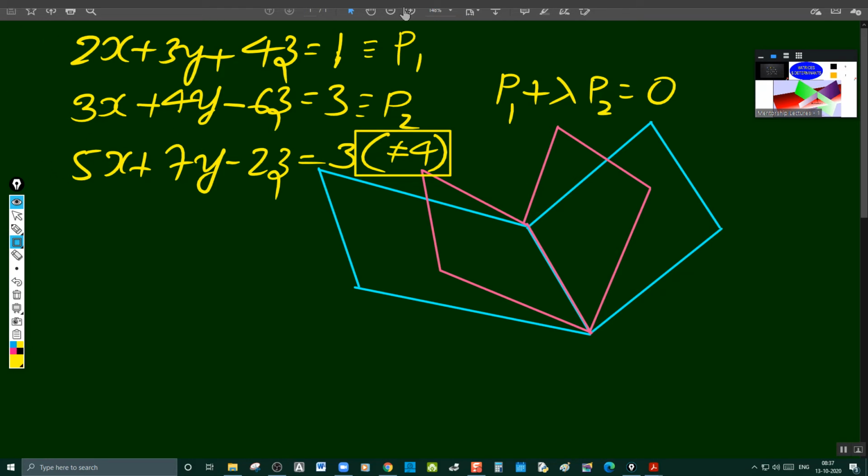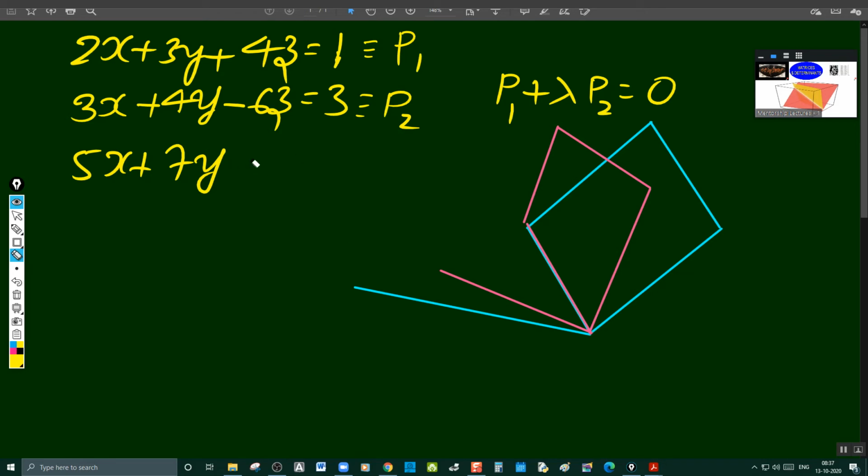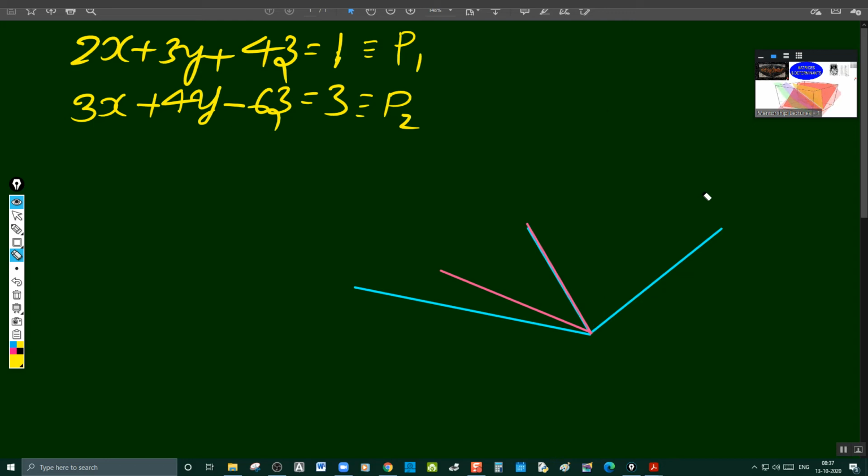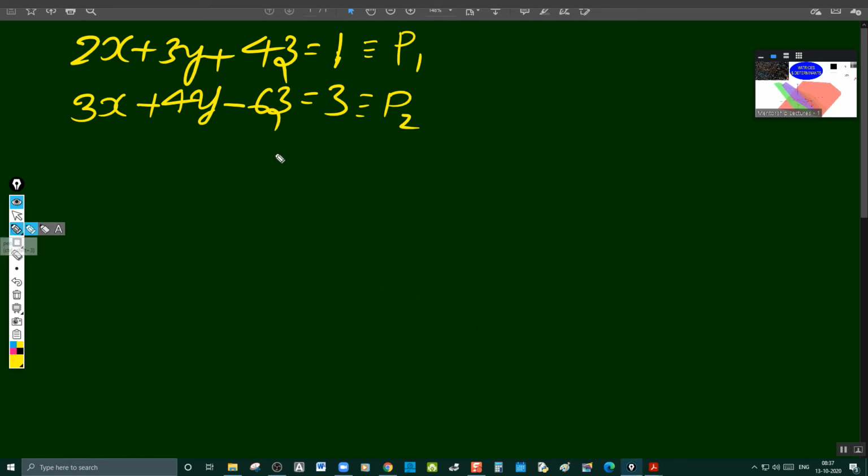Then in that case, again, I've been telling you from vectors and 3D itself, whatever concepts are there in straight line are straight away transformed to the plane in three-dimensional geometry. Whatever concepts are there in 2D line can be straight away transformed to 3D plane.